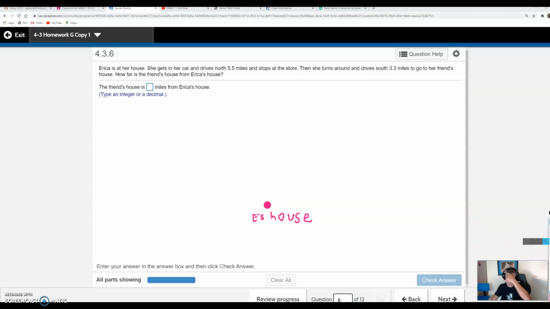And the first thing it says in our question is that she drives north 5.5 miles. We can represent that as literally driving north 5.5 miles. So that's 5.5, and I'm going to use a positive 5.5 to represent this number.